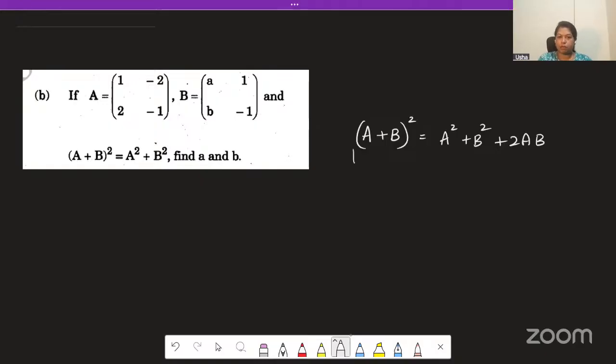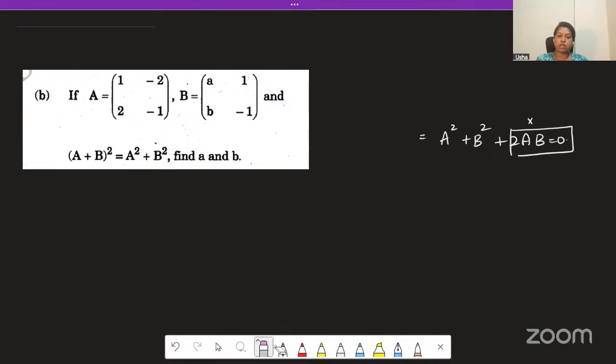Since they have given A plus B whole square is A square plus B square, 2AB must be equal to 0, right? So I took 2AB as 0, and we got A and B both 0. That is actually wrong, because we can take 2AB as 0 only if A and B are commutative, that is, if AB is equal to BA.